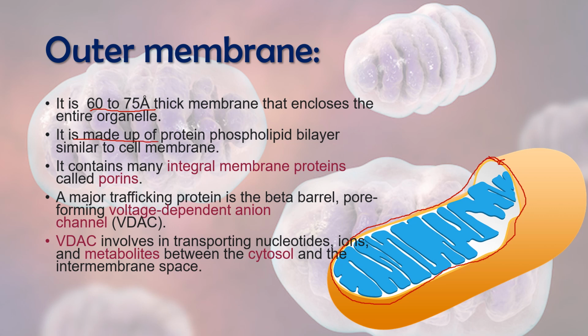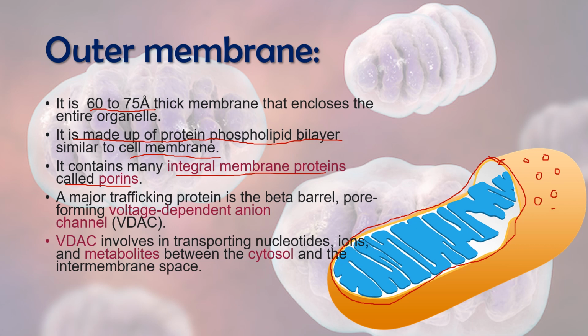It is made up of a protein phospholipid bilayer. The main constituent of this layer is protein and phospholipid bilayer, just similar to the cell membrane. It contains many integral membrane proteins called porins. So the surface of the outer membrane consists of many proteins that are known as porins. What is the function of porins?